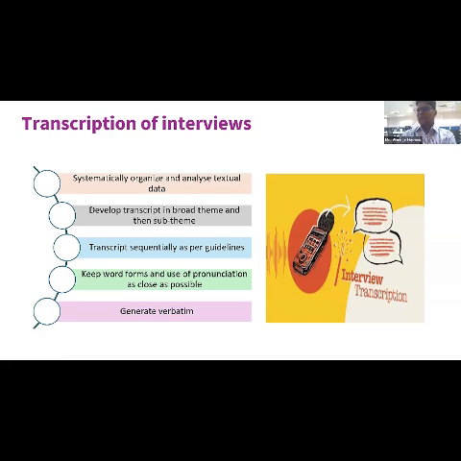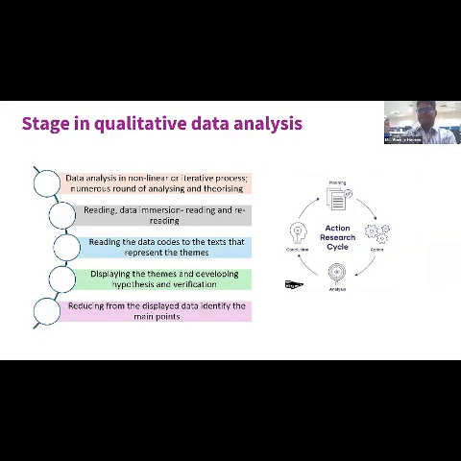And this is how we can transcribe the actual data from the audio recording, transcribing sequentially as per guideline, keeping word for word, and we also generate the verbatim.